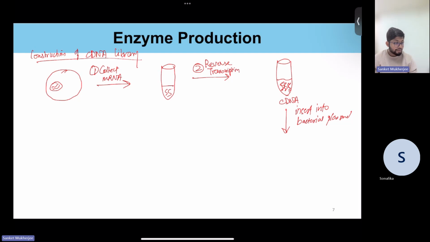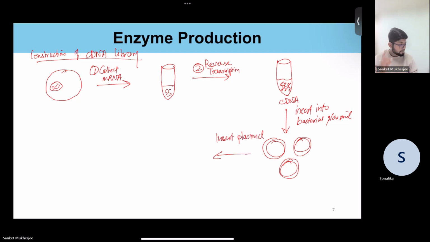So now these are plasmids with your inserts. And then you will insert this plasmid into bacteria. As I already told you, this process is called transformation. So you will have bacteria with this plasmid inside.